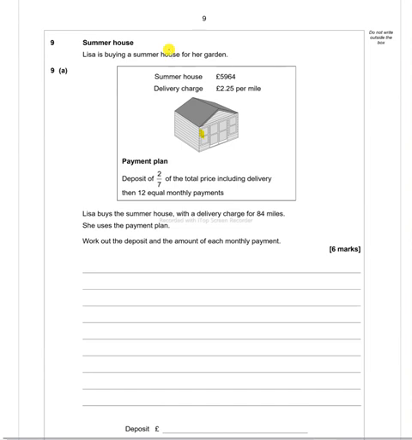Right. So you're buying a summer house for 5,964, £2.25 per mile, 2/7 deposit, including delivery, then 12 months even payment. 84 miles away. Right, this is not clear here.